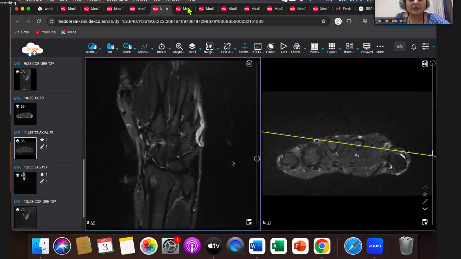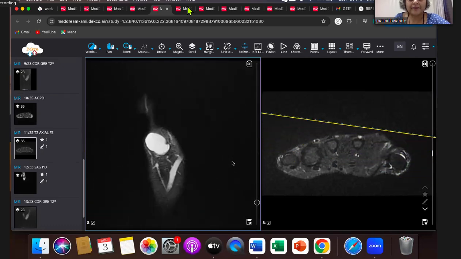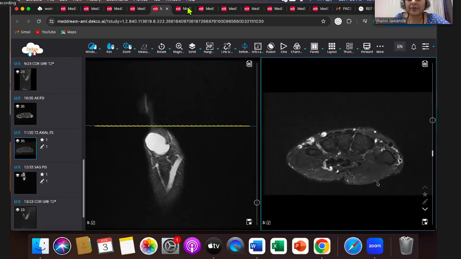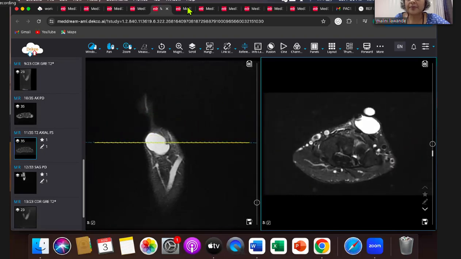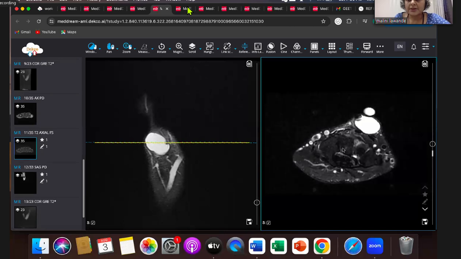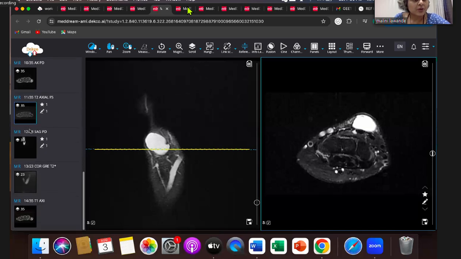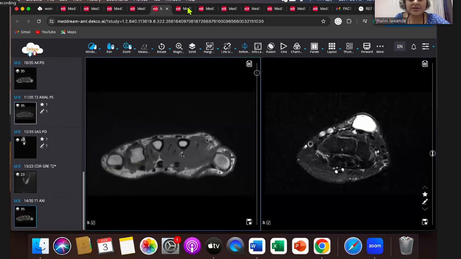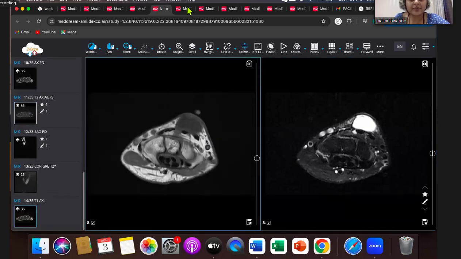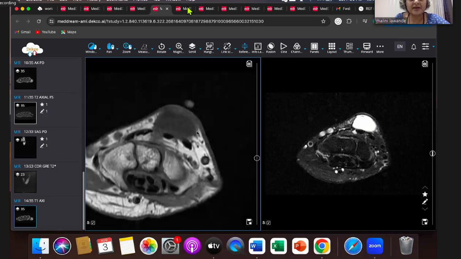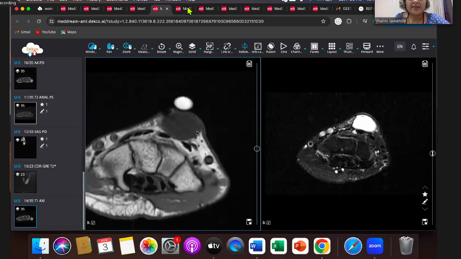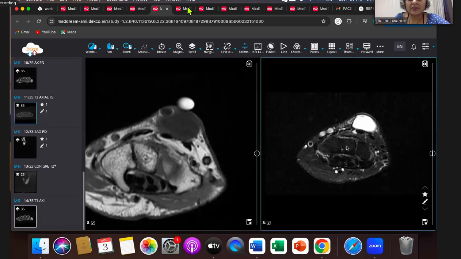So this is the MR. These are the axial and coronal T2 weighted images. Let me show you the T1 axial images. This is a T1 axial image, and in this, contrast was not given.